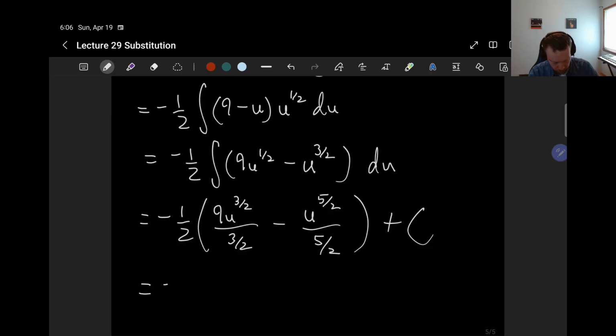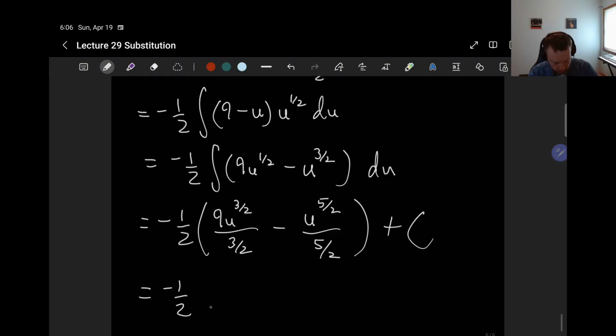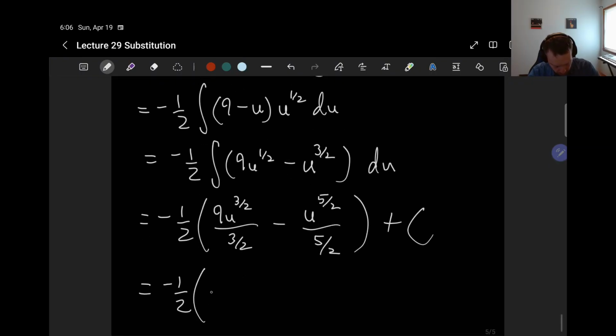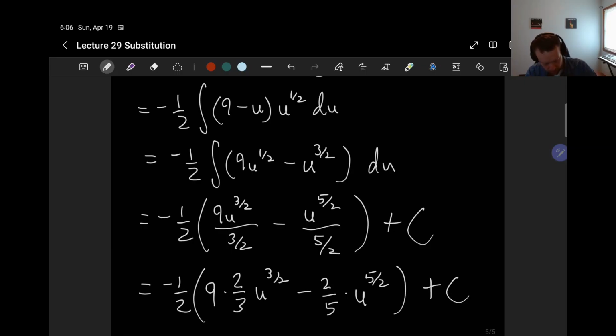All right, so don't forget to distribute this negative 1/2. But let's maybe simplify these inner parts first. So I have 9 times 2/3 instead of divided by 3 halves, u to the 3 halves, minus 2/5 times u to the 5 halves. And this 3 will cancel with the 9.